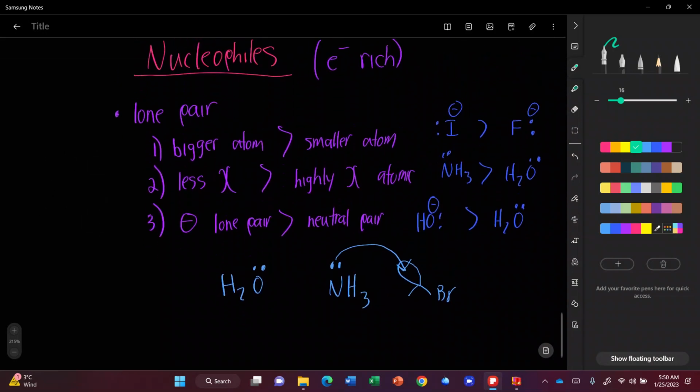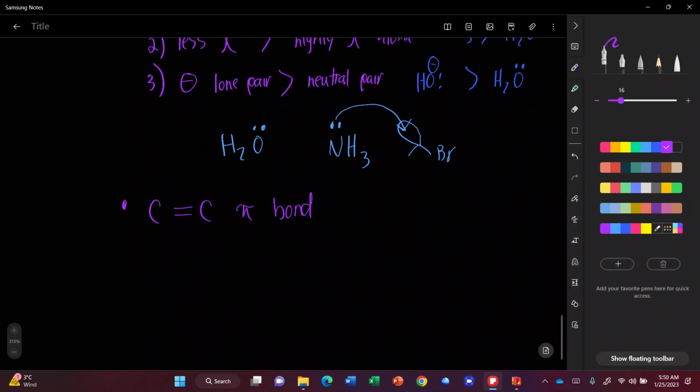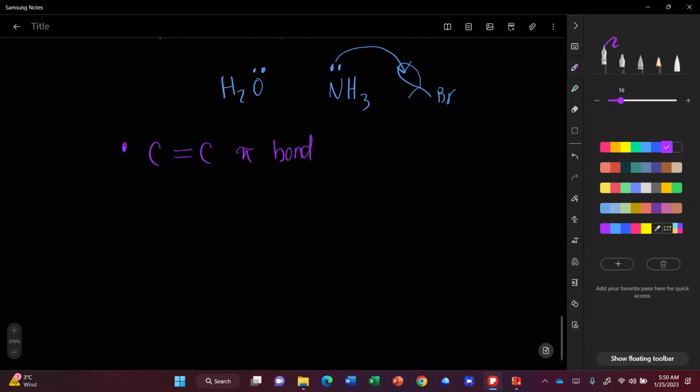That is, one type of nucleophile is going to be a lone pair. The other type of nucleophile is going to be a carbon-carbon pi bond. And this is really important, that you notice that it's a carbon-carbon pi bond. Carbon-oxygen pi bonds are not nucleophilic. There's really nothing else to talk about with this one.